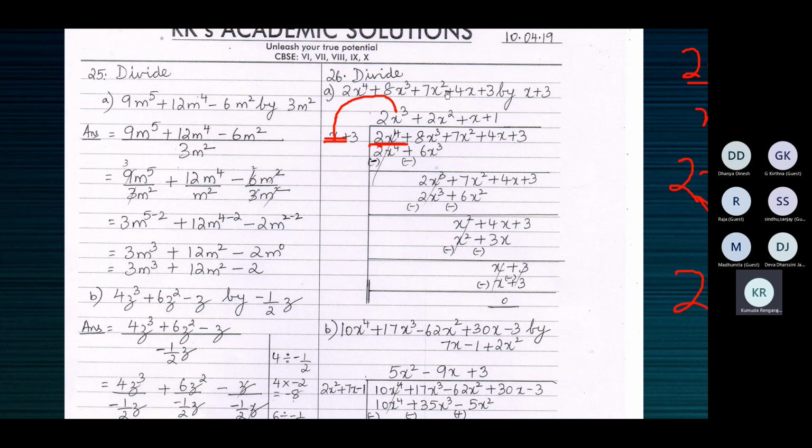Power 4, power 3, power 2, power 1 and power 0. That's why we say that we need to arrange the terms in the descending order of the powers of the variable x. And here x plus 3: x to the power 1 first and then x power 0.